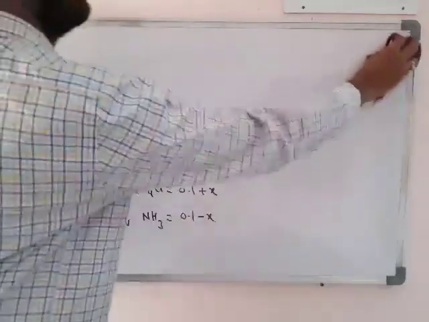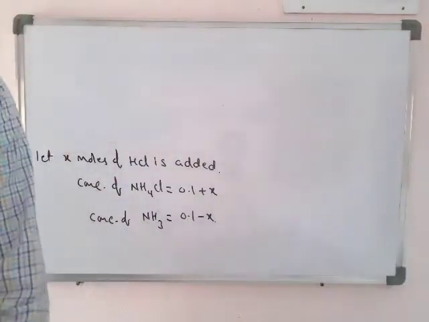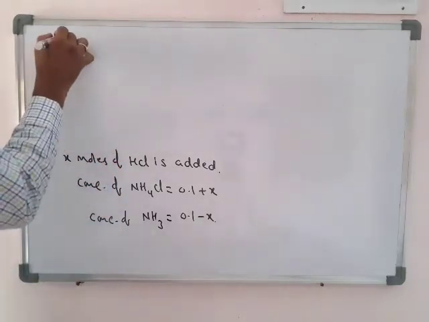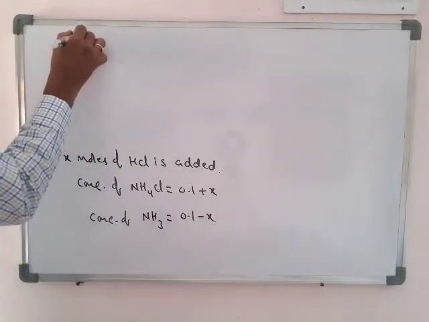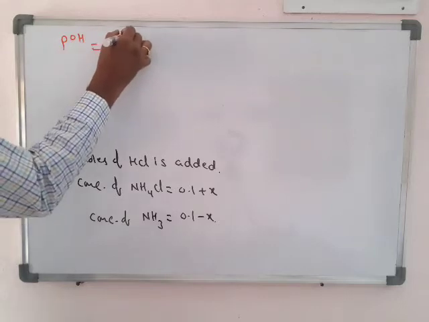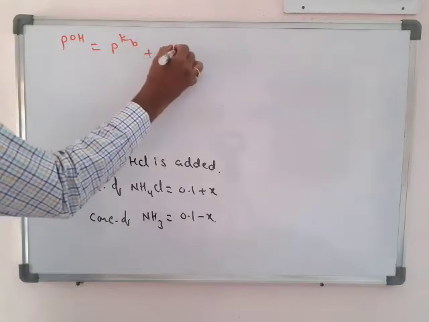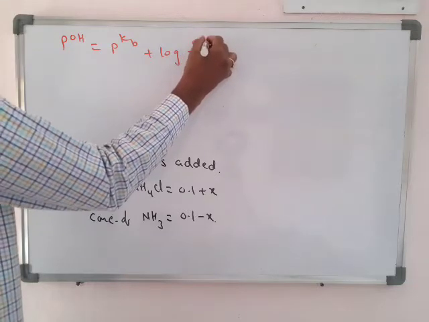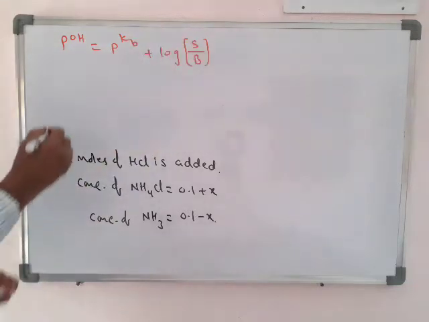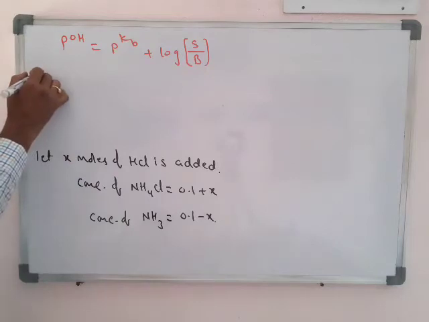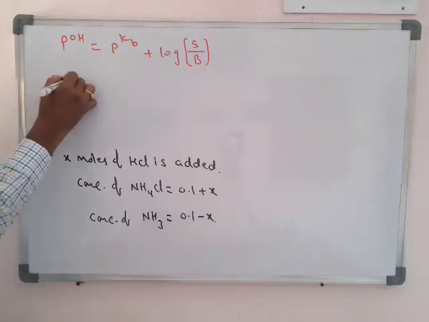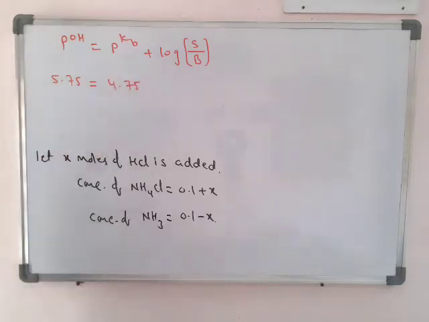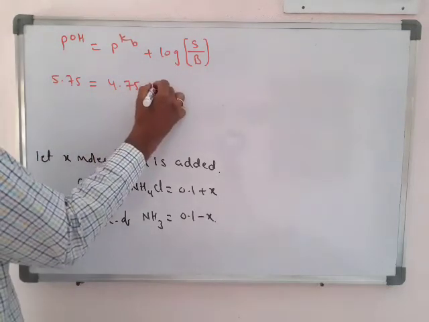Okay. So we know that it is a basic buffer. So pOH equals pKb plus log salt concentration by base concentration. pOH we already know, that is 5.75. pKb is given as 4.75, no change in it.